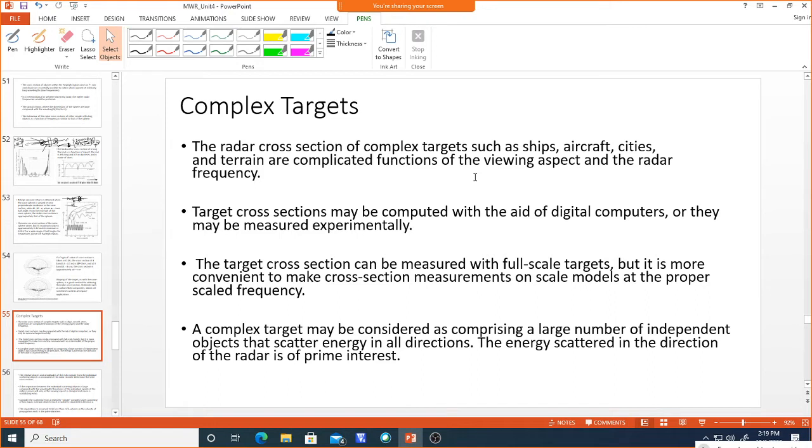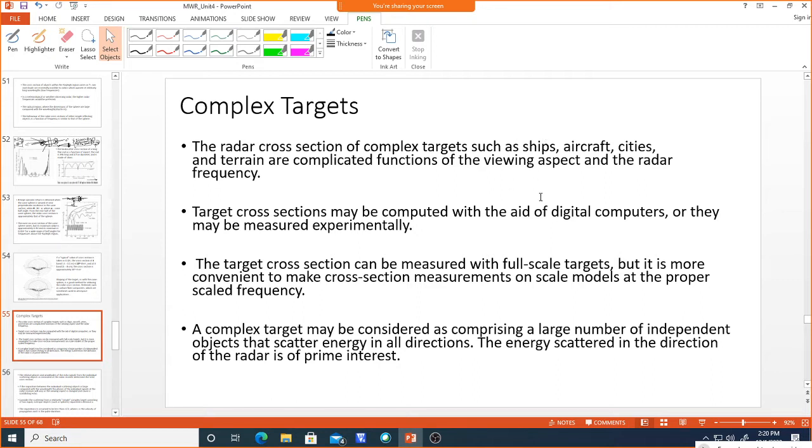Say for example, if you take a ship, it will have the base, and on top of the base some radar system will be there, and other systems will be there. We can divide those individually, calculate the individual RCS of each target, add them together, and finally get the RCS of the complete ship.